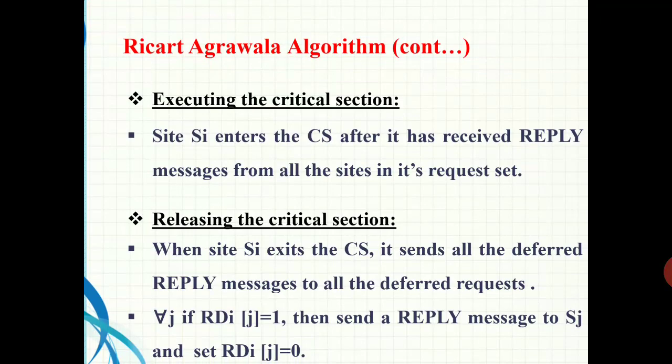Site Si enters the critical section after it has received a reply message from every site. That is, a particular site Si can enter the critical section only after receiving a reply message from each and every site in the system.